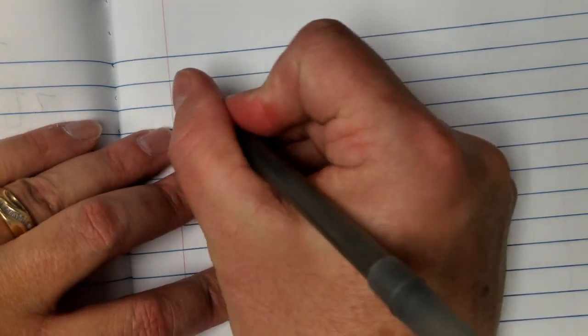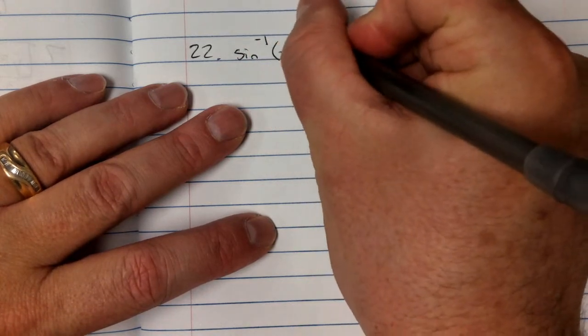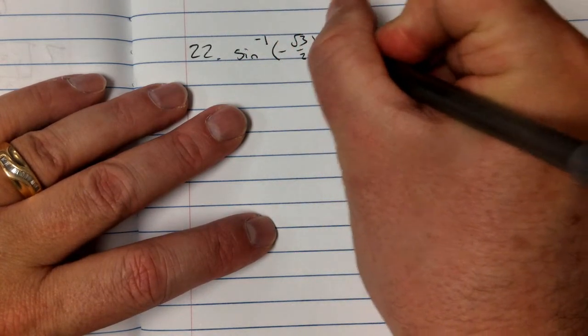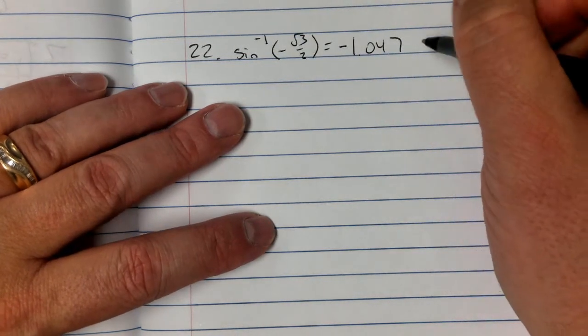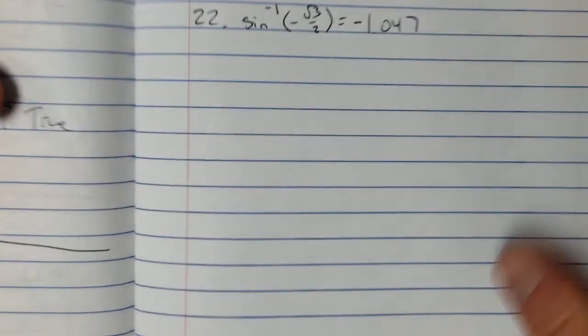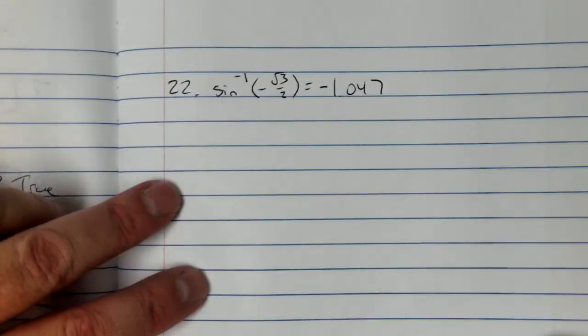22. Sine inverse of negative square root of 3 over 2. On the calculator you get -1.047, which if you use your table, is pi thirds, except it's going to be negative.